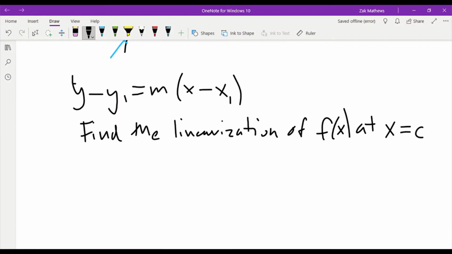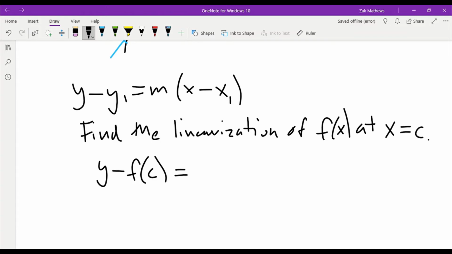So the point would be (c, f(c)). We know that, right? So let's replace all of the values in our equation. So we'd have y minus, well, y1 would be f(c), equals m. m is the slope.